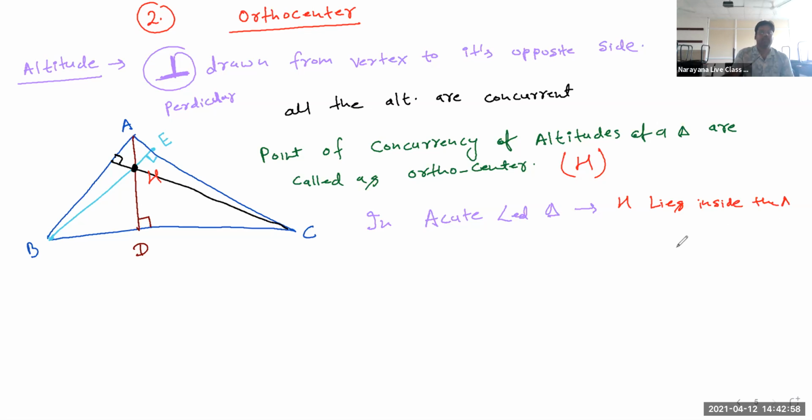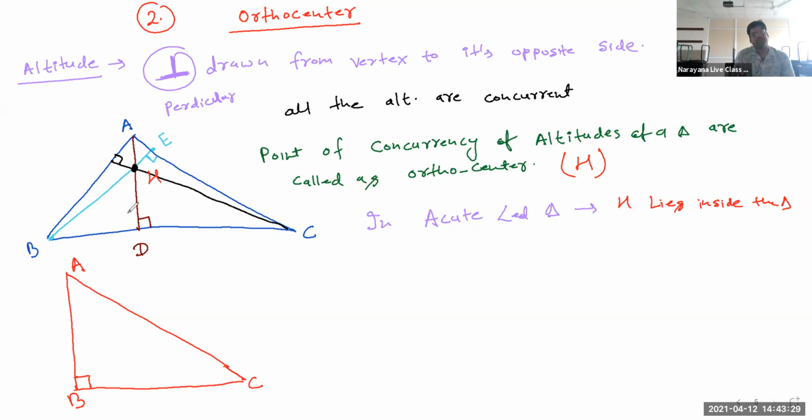What will happen in case of a right angle triangle? Let's make a diagram. I'm just drawing a right angle triangle. Let's take this point A, this point B, this point C. This is a right angled triangle.